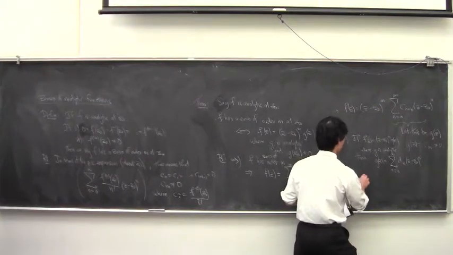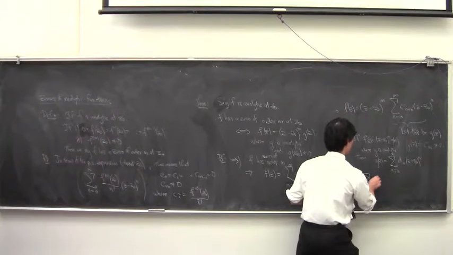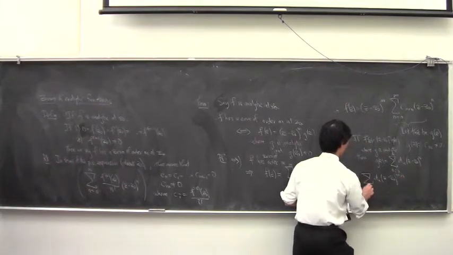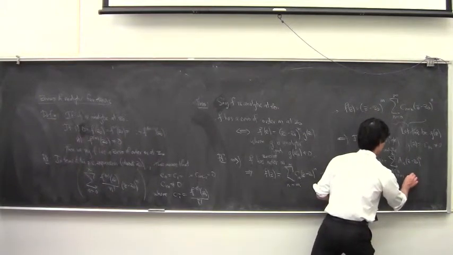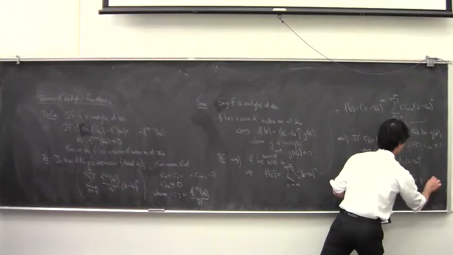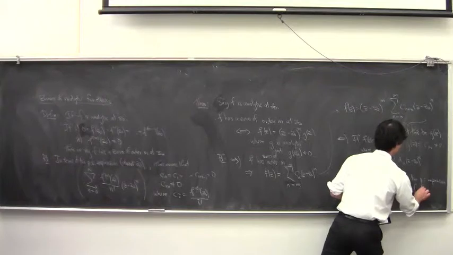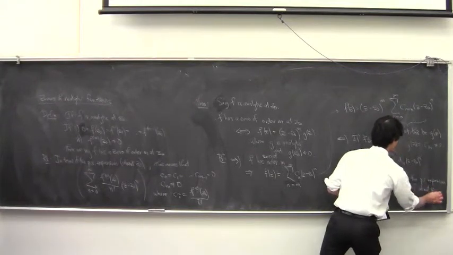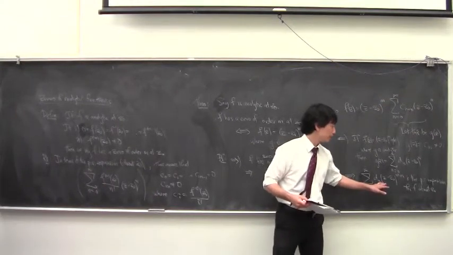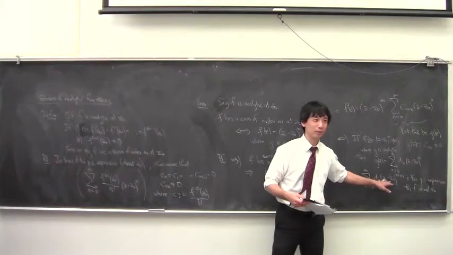So the sum of g sub n times (z minus z naught) to the n plus m, from n equals 0 to infinity, is the power series expansion for f about z naught. And you see that the first m coefficients are 0 and the m plus 1 coefficient is non-zero.